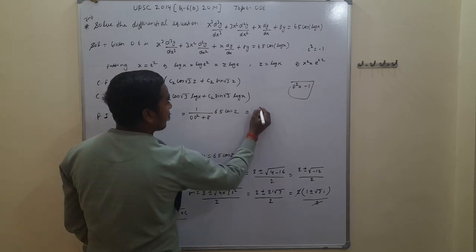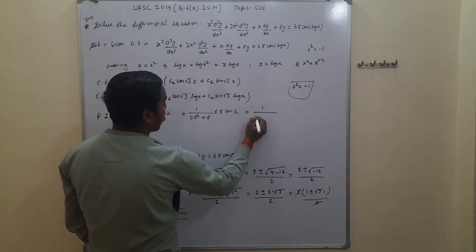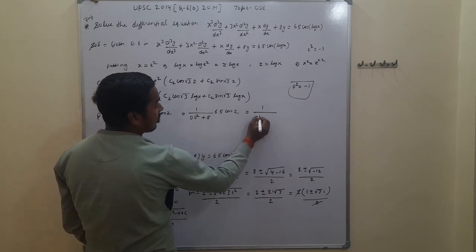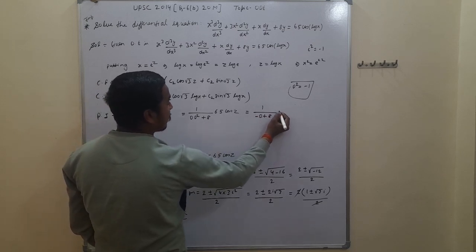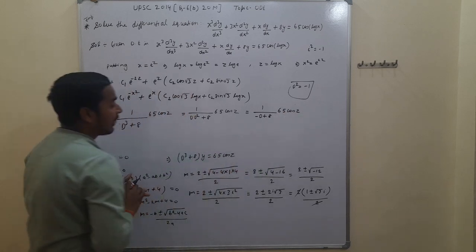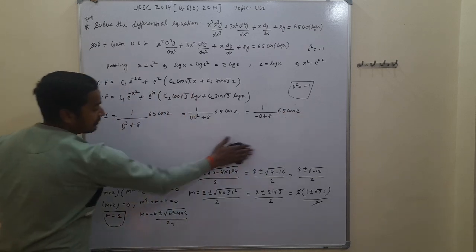So this is given by 1 upon minus d plus 8 into 65 cos z, and further we have to solve.